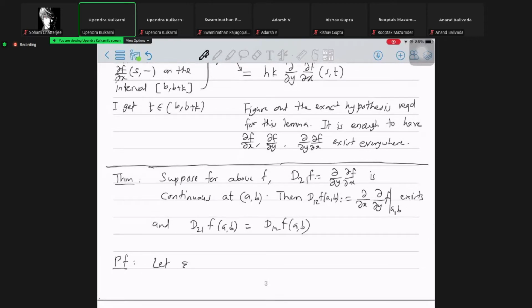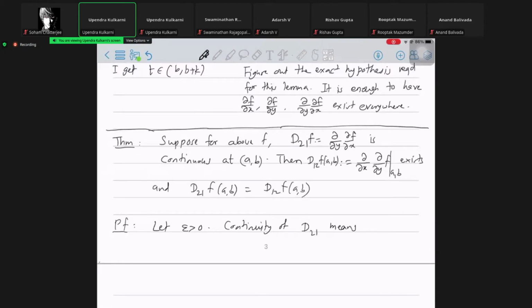So let epsilon be greater than 0. Then continuity of this d21 means the following: as soon as you are within distance delta in any direction from (a, b), the value of the double derivative cannot deviate by more than epsilon.